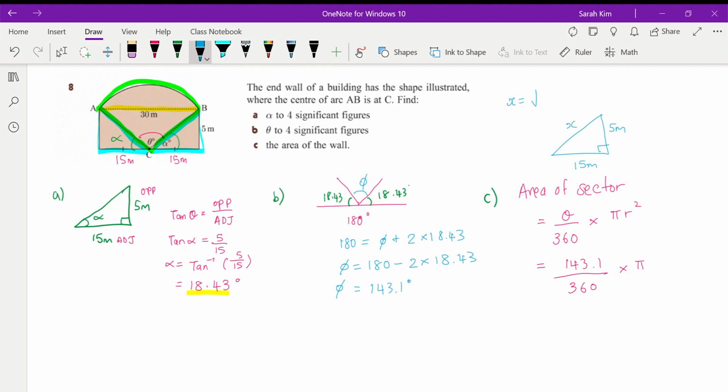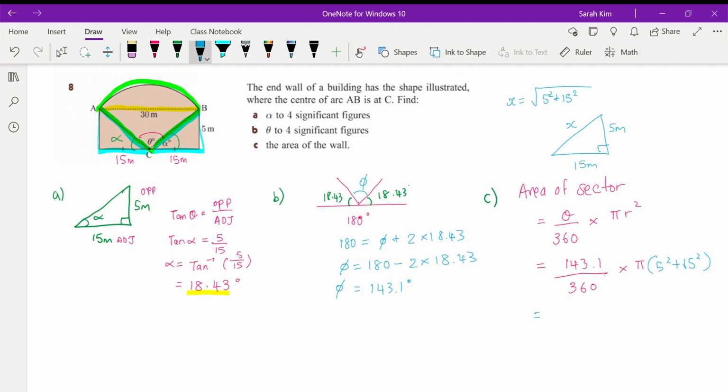So x is the square root of 5 squared plus 15 squared. Hopefully you've done it so many times that it doesn't even faze you. Just a little tip: it's the square root of this, but as you can see it's squared, so they end up cancelling each other out, so I can get rid of it and leave it like so.